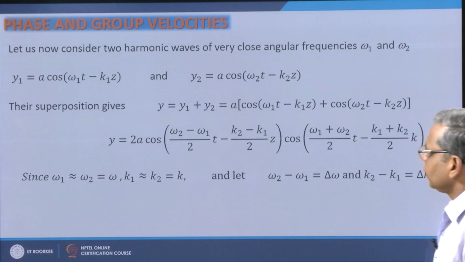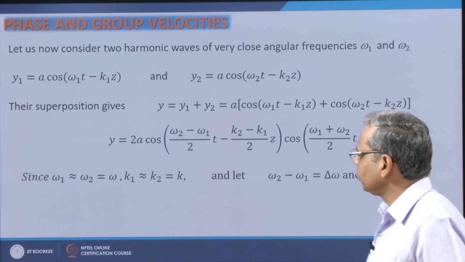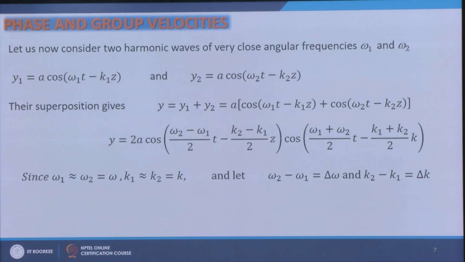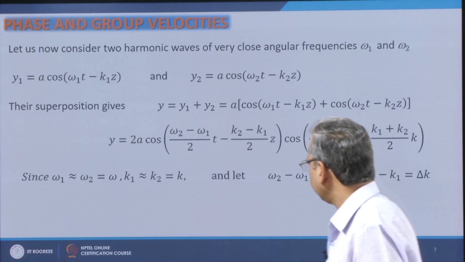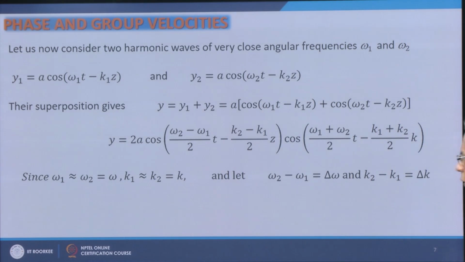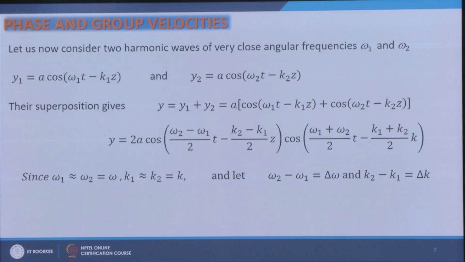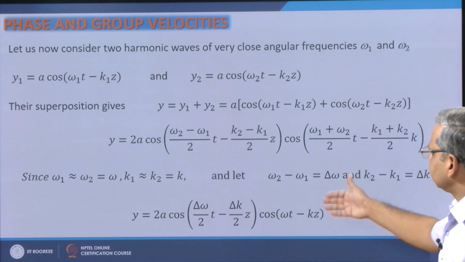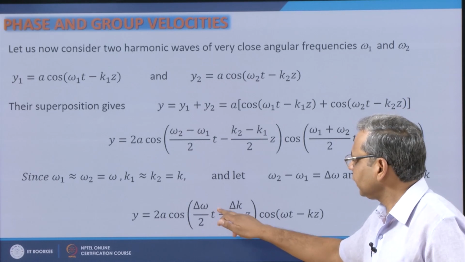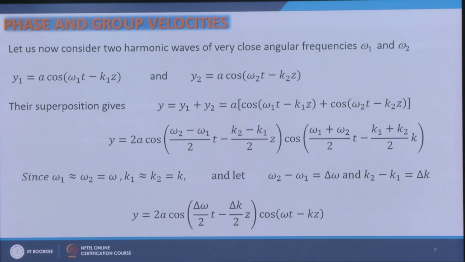Now, since omega 1 is very close to omega 2 and k 1 is very close to k 2, let me write them down as omega and k, and also assume that omega 2 minus omega 1 is equal to delta omega and k 2 minus k 1 is equal to delta k. Then I can write this down as 2a cosine delta omega t by 2 minus delta k z by 2 times cosine omega t minus k z.